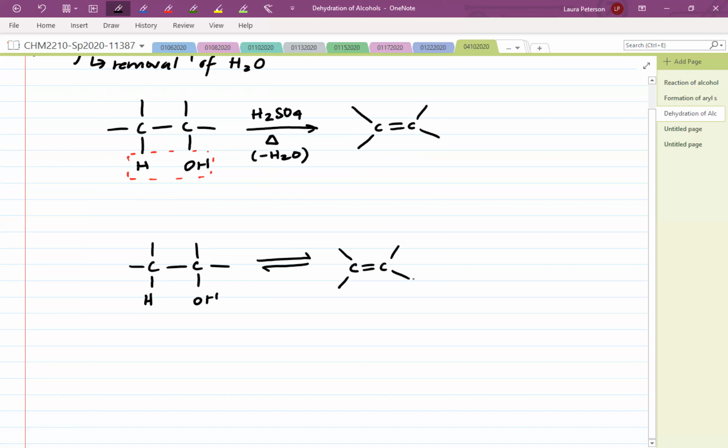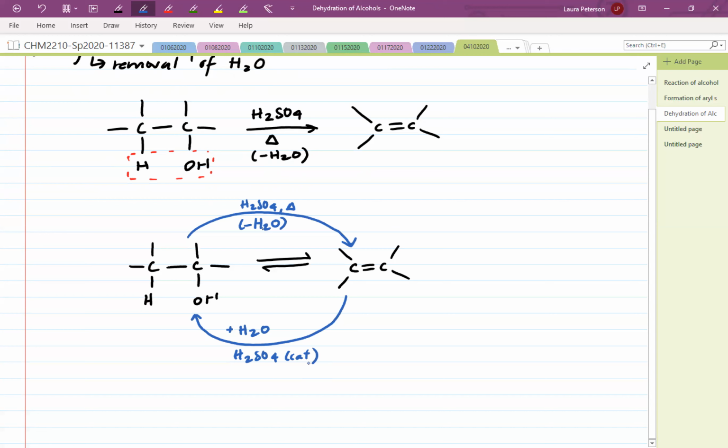In going in the forward direction, from the alcohol to the alkene, we needed H2SO4 and heat, and we removed water. If we wanted to go the other direction, from the alkene to the alcohol, we added H2O and basically some sort of acid catalyst. So we could use H2SO4, that's fine.